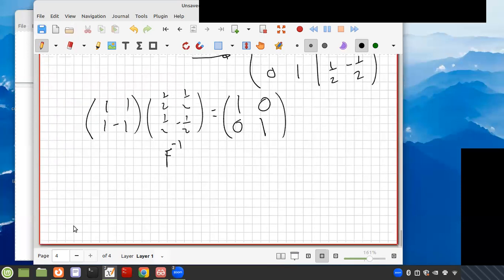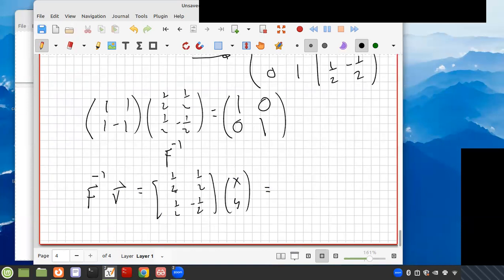But let's use the matrix to find what the map action is. We can multiply this F inverse times a vector and get 1/2 x plus 1/2 y and 1/2 x minus 1/2 y. Okay.